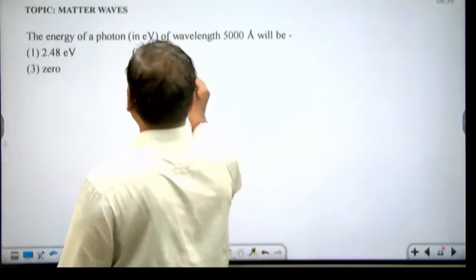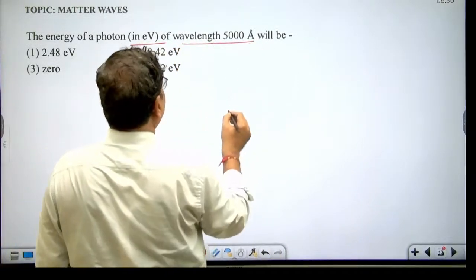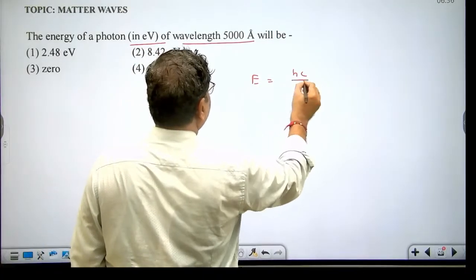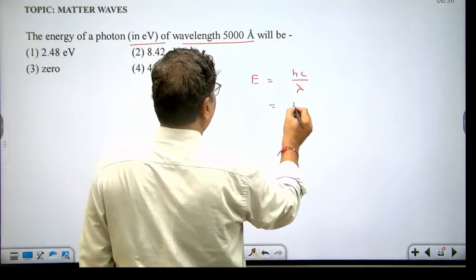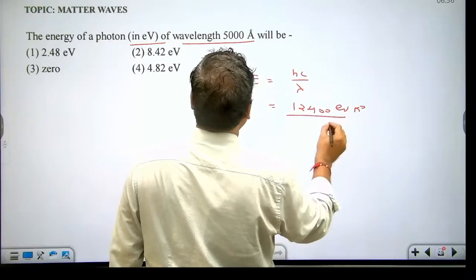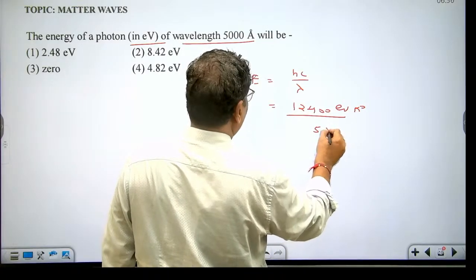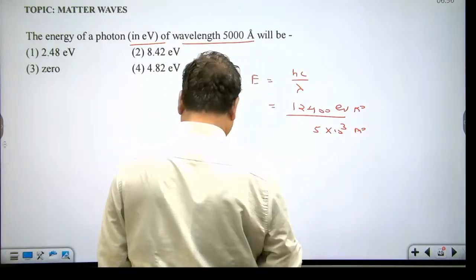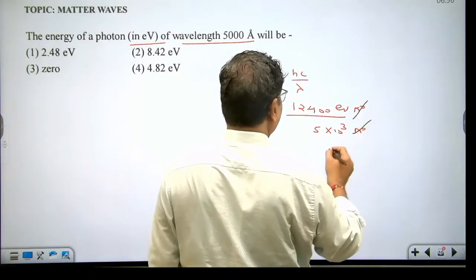The energy of a photon in electron volt of wavelength 5000 angstrom will be. Energy of photon is written as hc upon lambda. What is hc? 12,400 electron volt angstrom. And what is lambda? 5000 angstrom, 5 into 10 power 3 angstrom. So angstrom will get cancelled.